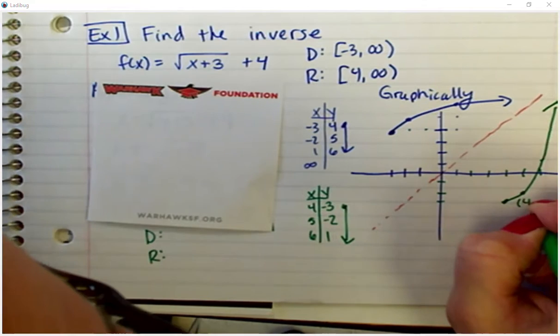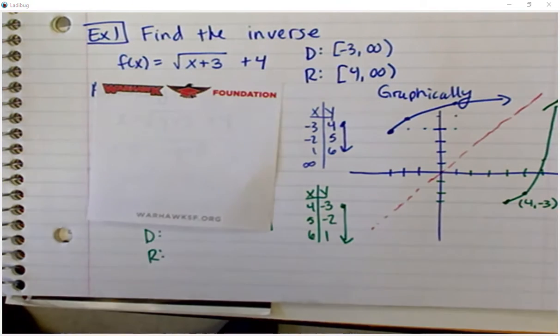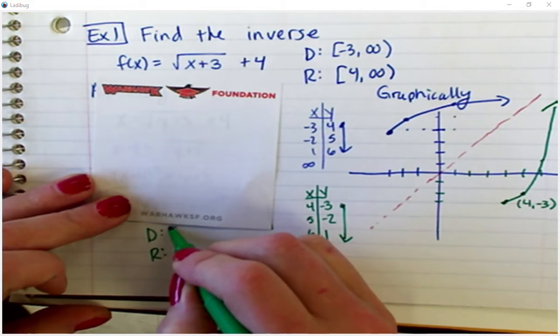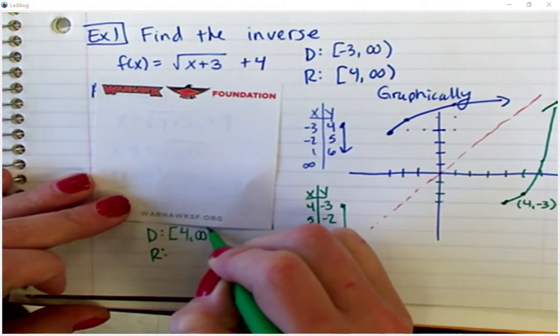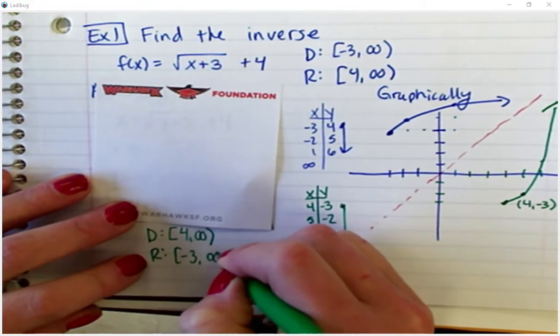I'm just going to label my point here. Makes it a little easier to see. Okay, who can give me domain of the green graph? Yeah, Gray. Domain, so that's going to be 4 to infinity, and then, yep, range is -3 to positive infinity. Yes.